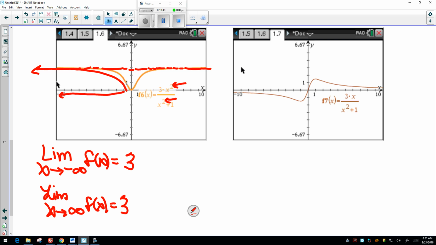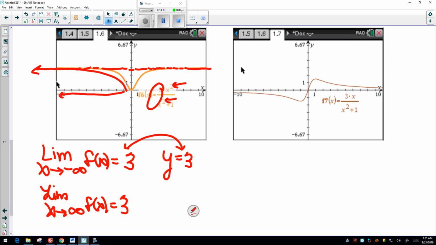And we said above, if they are equal, well, I take the ratio of the coefficients. So the horizontal asymptote on this would be 3 over 1 or 3. And notice that not only is the limit 3, but the horizontal asymptote is 3. Those should check.